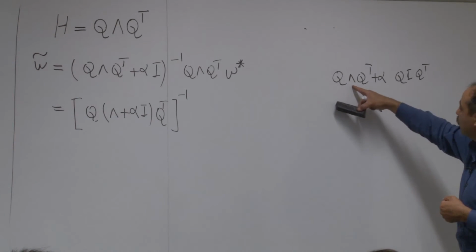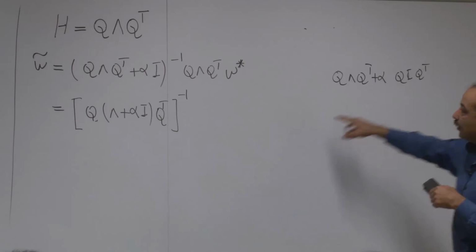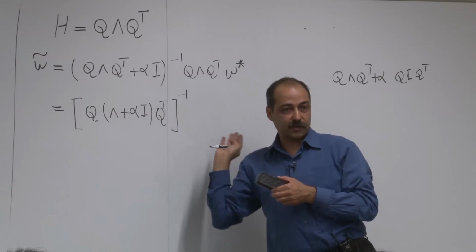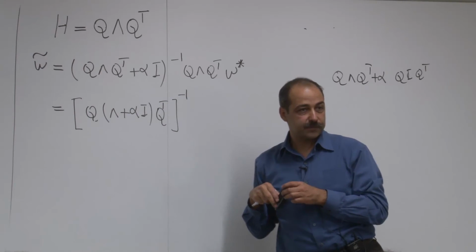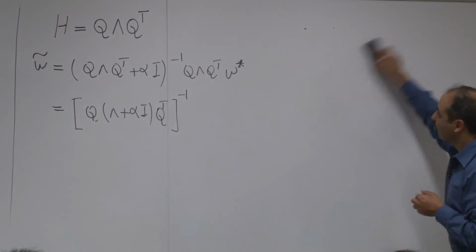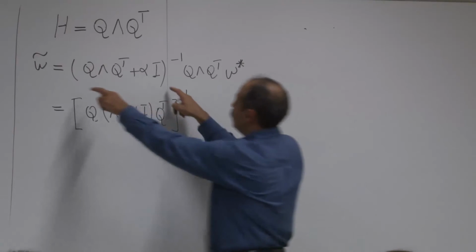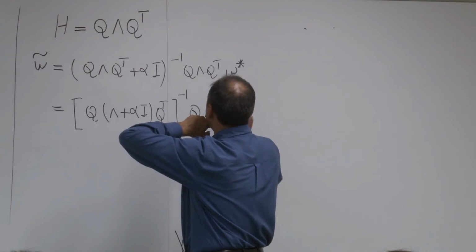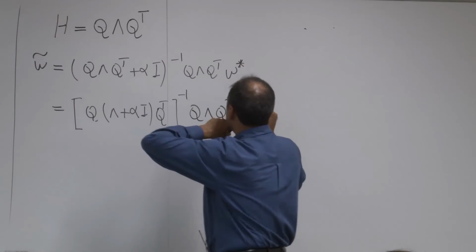So it's going to be just lambda plus alpha I in the middle. One Q has been multiplied from the left, and Q transpose is multiplied from the right. So this is this term, and then Q lambda Q transpose W star.